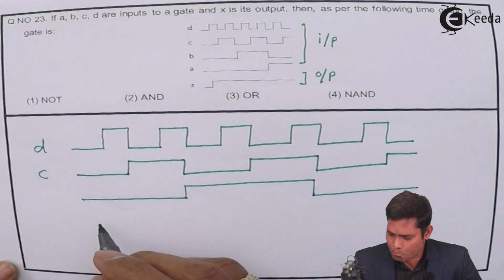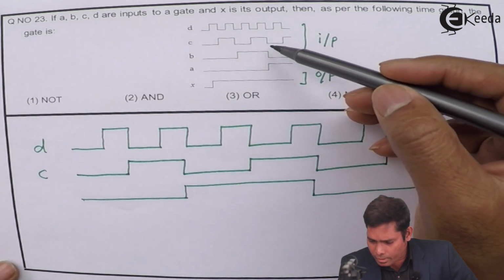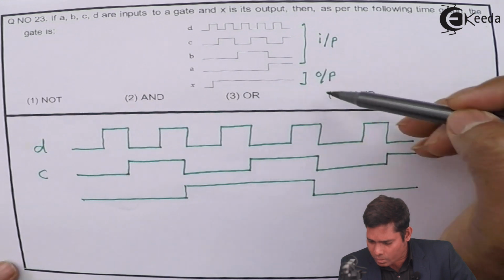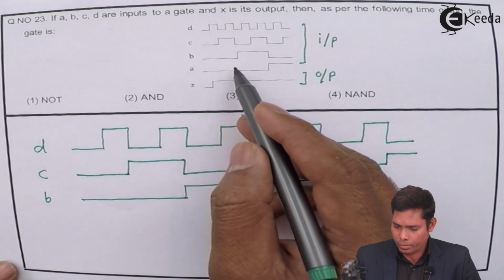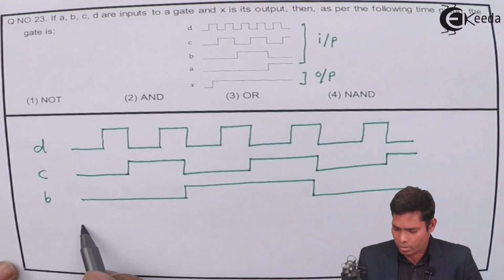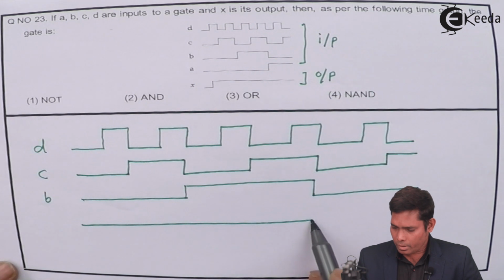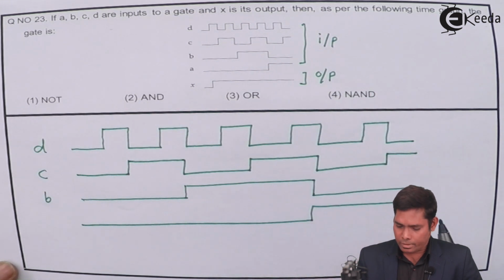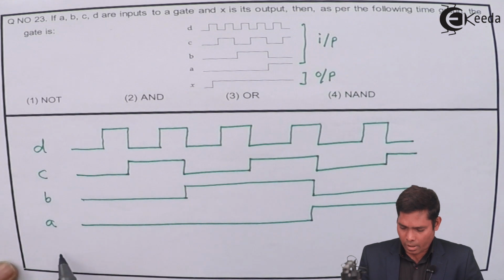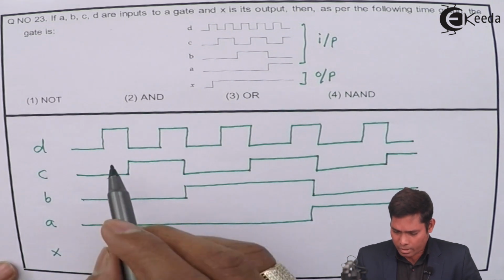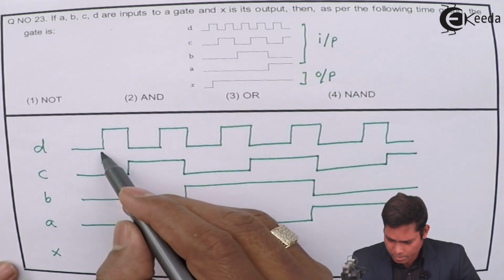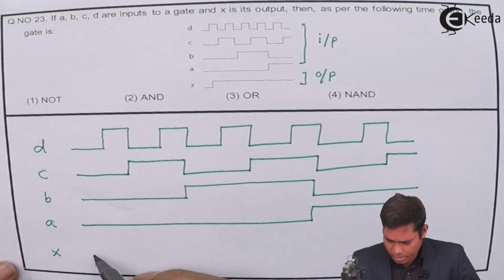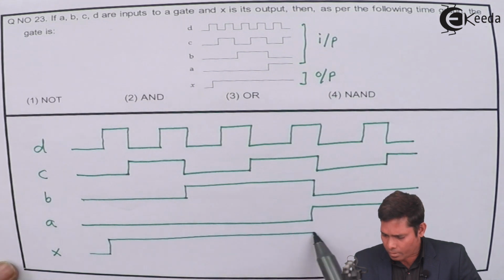This is down, and this is down also. This is your B. What is A? With respect to this, it goes up here, and like that. This is your A. And the output X, with respect to the first one, is like that, and the rest is so.